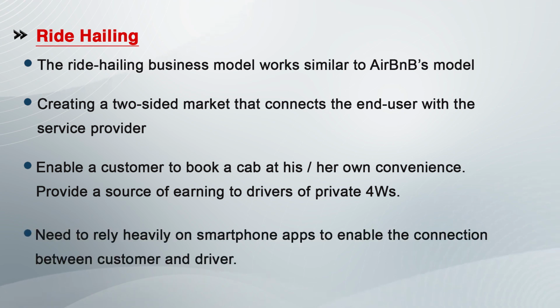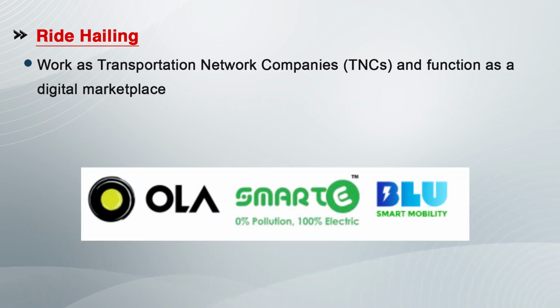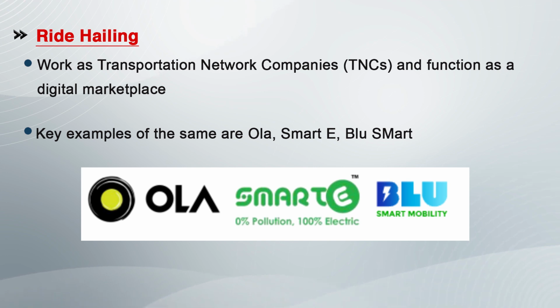For building this business model, you need to rely heavily on smartphone apps to enable the connection between customer and driver. You will essentially work as a transportation network company and function as a digital marketplace linking self-employed drivers with customers while collecting a fee for making the connection. Key examples are Ola, Smart E and Blue Smart.